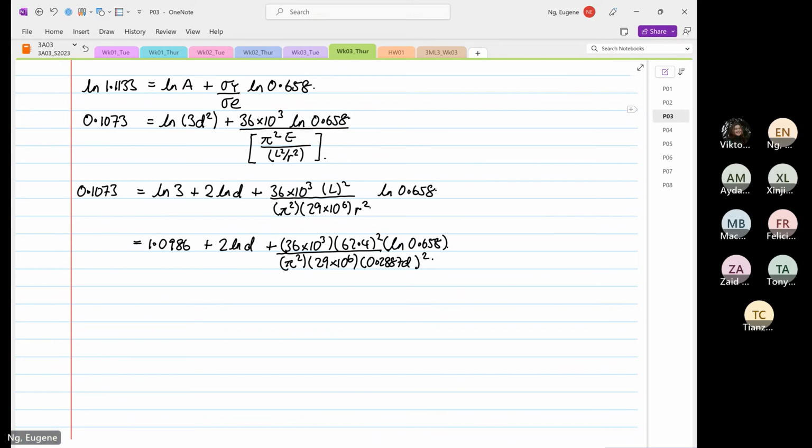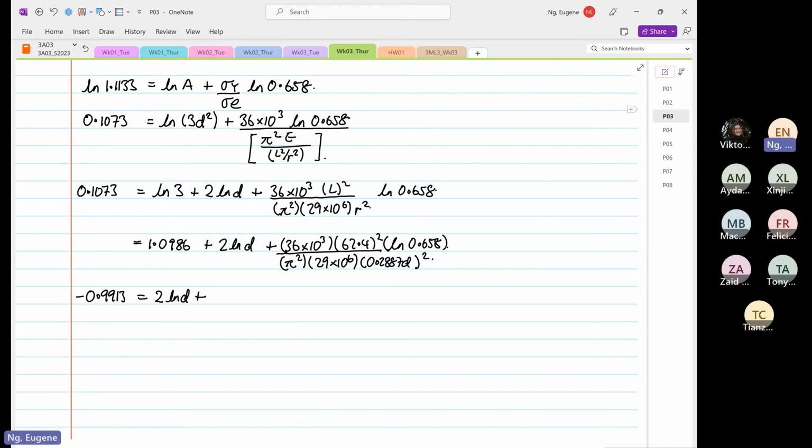Okay. So we will have 0.073 minus 1.0986, which is equal to minus 0.9913. So this will be equal to 2 natural log d.